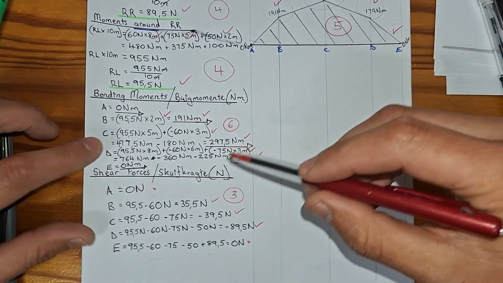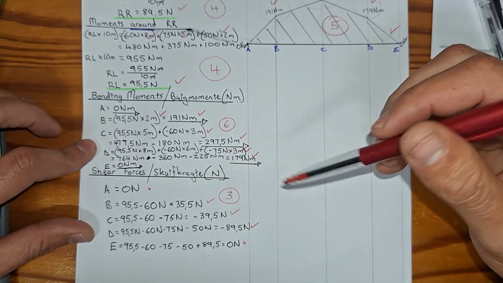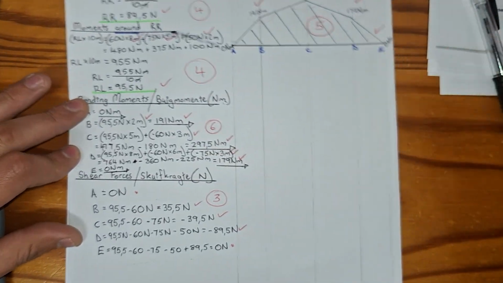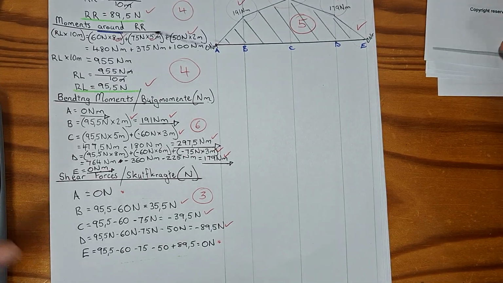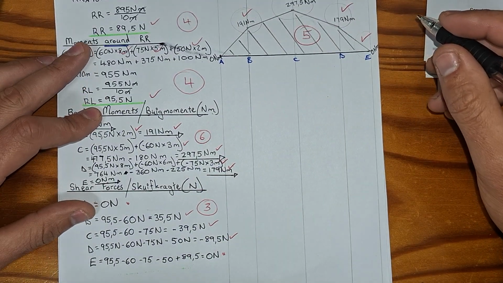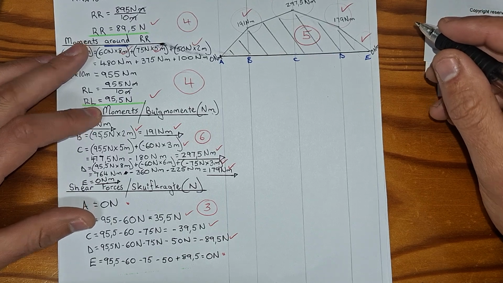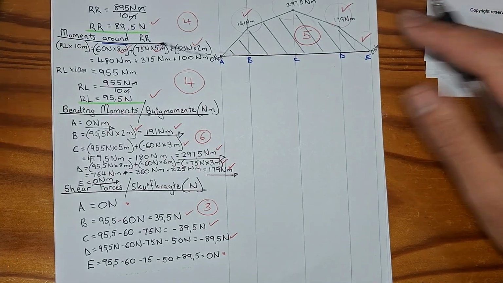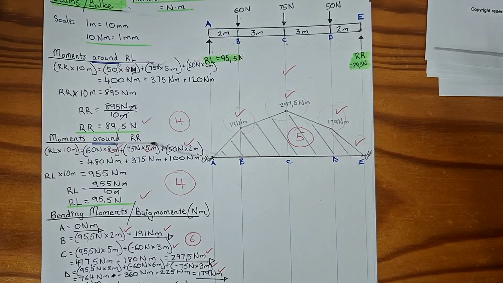Okay, now that we've calculated the shear forces, we will be drawing the shear force diagram, which is the last part of this exercise. So for this, let's quickly check a scale that we can work on.